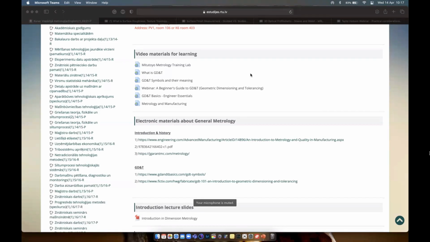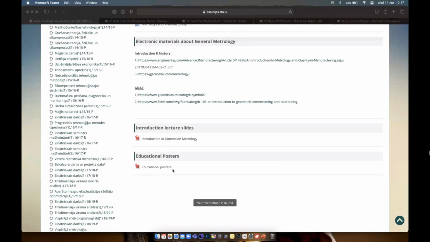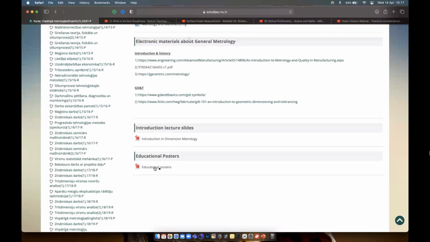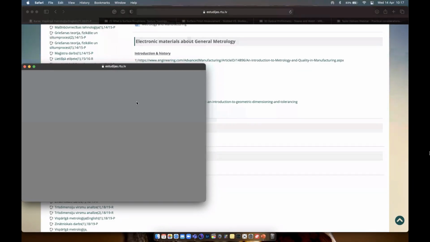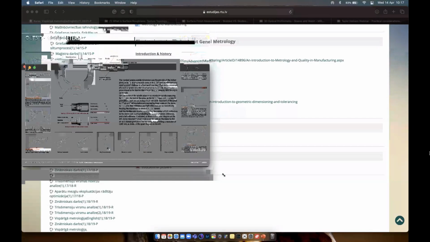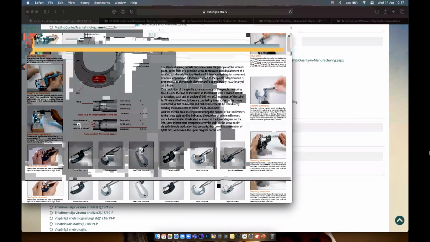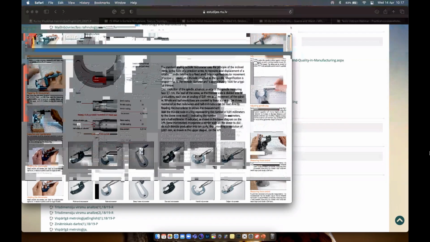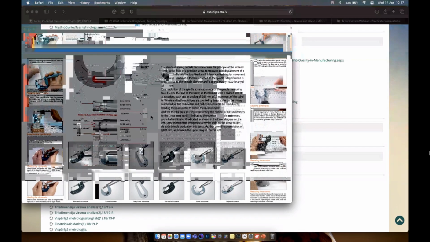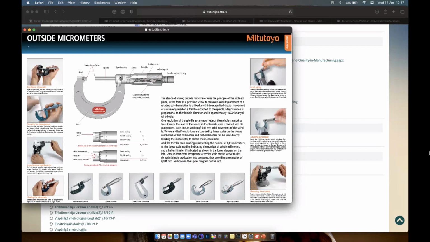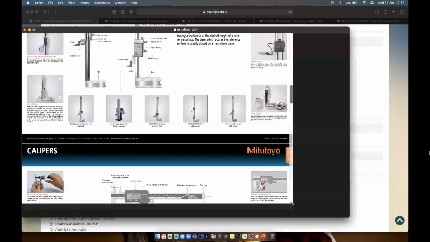I also added educational posters yesterday. When you click on them, you'll get posters. They are originally A1 sized, but you can use them digitally. I guess you won't print them out, and I wouldn't either. But I wanted to share them because there is a lot of small, good information collected in those posters related to different types of tools.